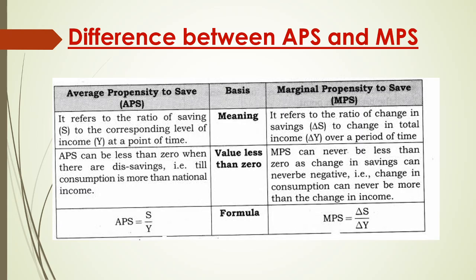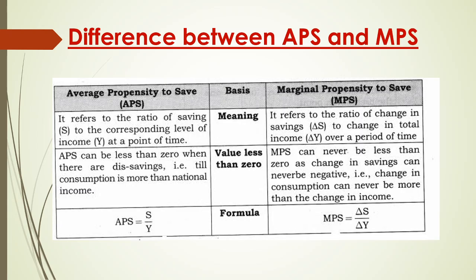On the basis of value, APS can be less than 0 when there is dissaving, that is, consumption is more than national income. APS is less than 0, but MPS can never be less than 0, as change in saving can never be negative, right? So change in consumption can never be more than the change in income.